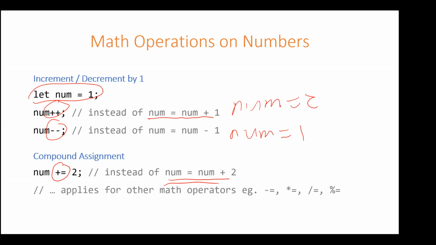Basically it's saying you take the data inside this variable num, you add 2 to it, and you store it back inside num, which is what it's saying over here. So this is a simple way to increment your number or perform whatever math operations on that variable. This applies for other math operators as well, so things like minus, multiply, divide, modulo.